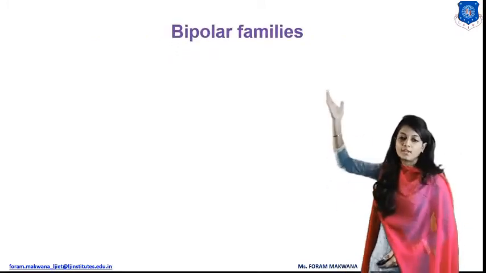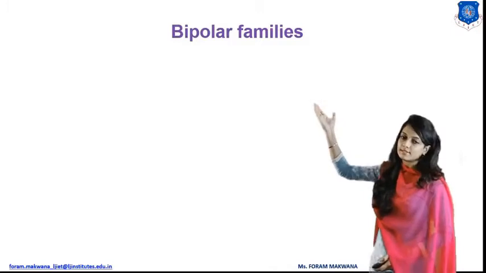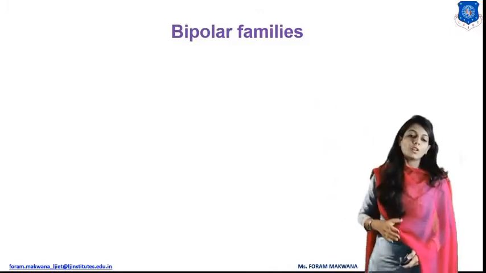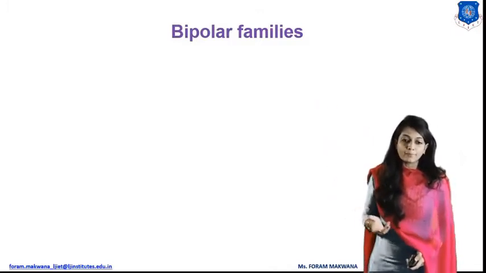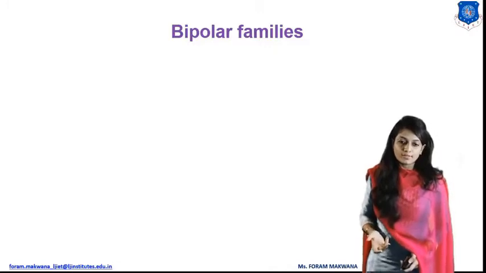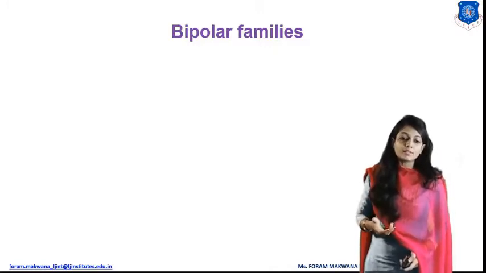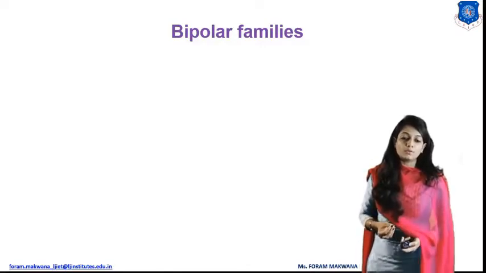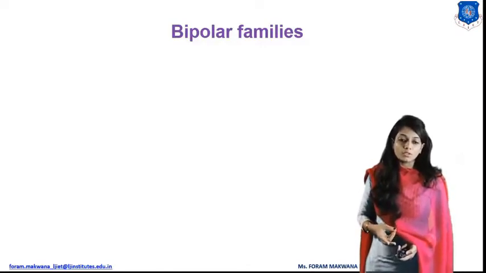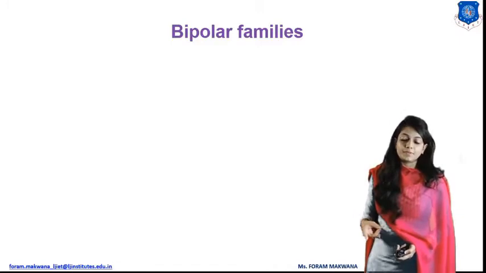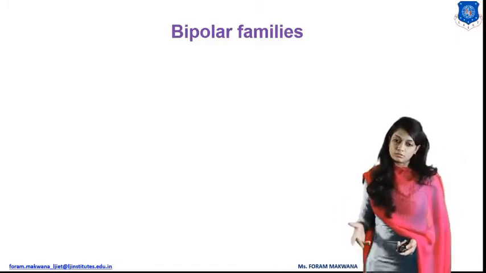First of all, we are focusing on the bipolar families. What do you mean by bipolar? Bipolar means that in general, current flows based on two carriers, majority and minority both.